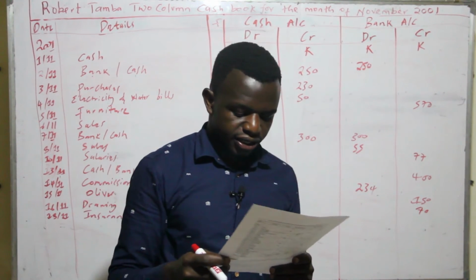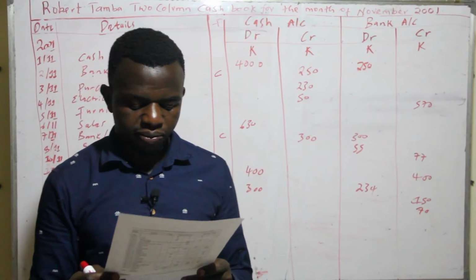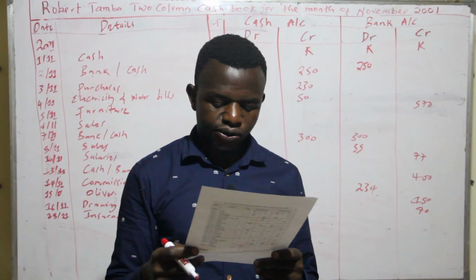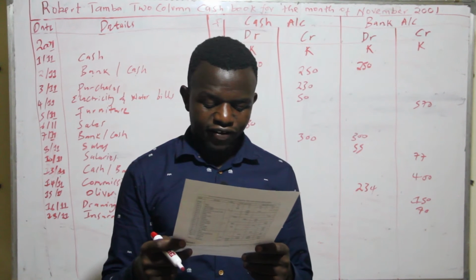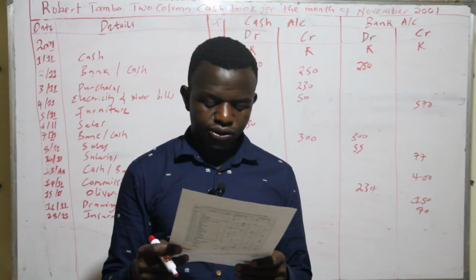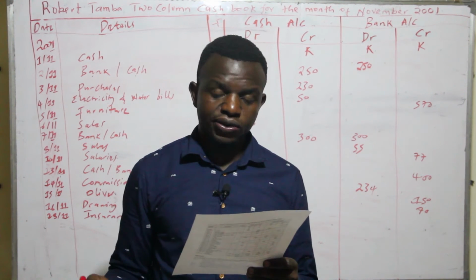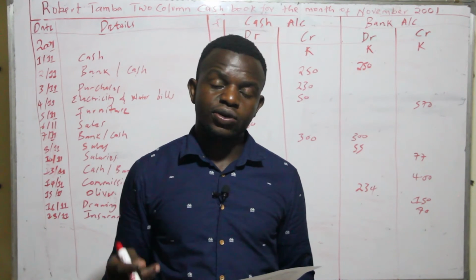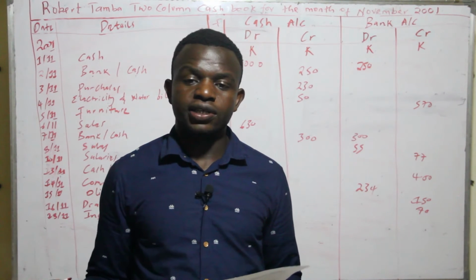Then on the 19th of November, withdrew cash from the bank for personal use amounting to 500 kwacha. So that type of transaction is also a drawings transaction.